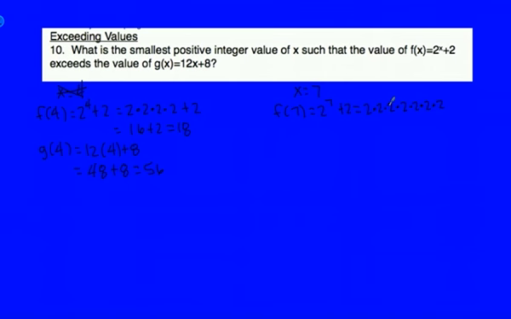So there's 2 times 2 times 2 times 2 times 2 times 2 times 2, and then I have to add 2 to the end. 2 times 2 is 4, 4 times 2 is 8, 8 times 2 is 16, 16 times 2 is 32, 32 times 2 is 64, and 64 times 2 gives us 128. So we have 128 plus 2, which will give us 130.